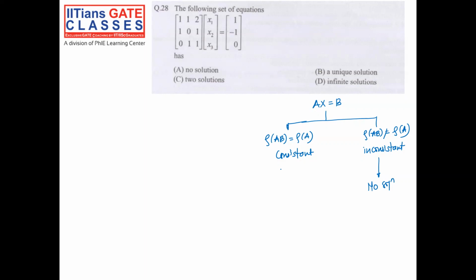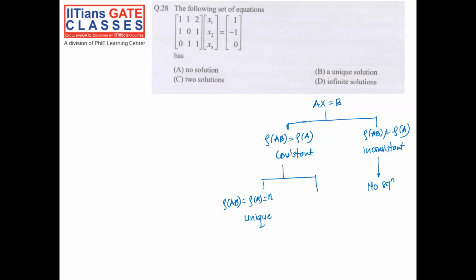But if they are consistent, then depending on the rank, we will have either a unique solution or an infinite number of solutions. So if rank of matrix AB is equal to rank of A and it is equal to the number of unknowns, then we'll get a unique solution.